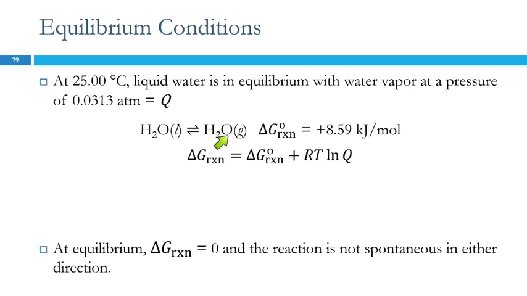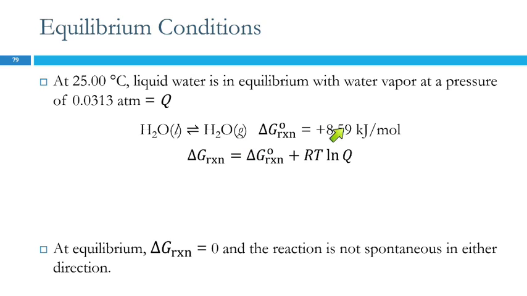So if we're calculating Q, this is pressure, it's going to be the pressure of the H2O divided by, oh, that's a liquid. Liquids and solids don't get used, right? Because they don't change. So it's just the pressure. So Q is equal to the partial pressure of the water here.